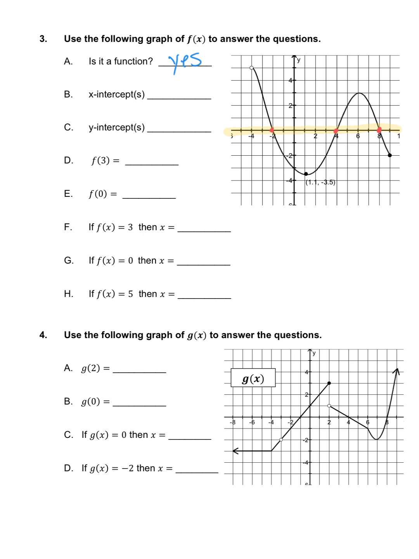Let's start with the first one. We see that's at -2, 0. Our next intercept right here is at 4, 0. And our last intercept is, let me point to it so you can see it, right here at 8, 0. So let's put that 8, 0.